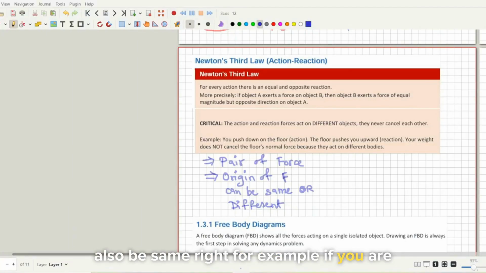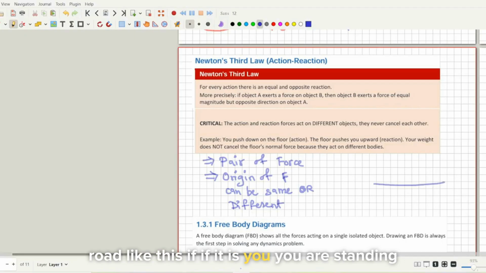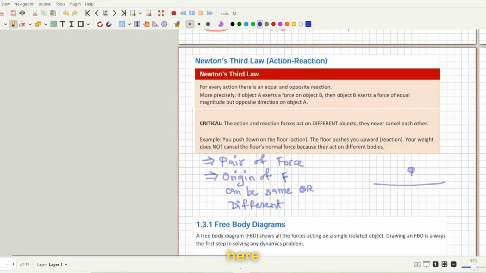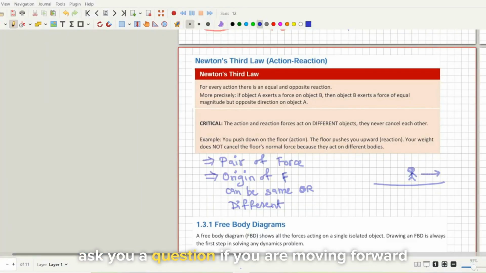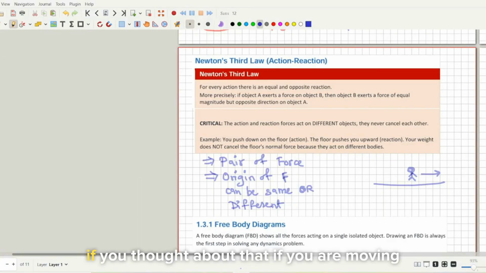For example, if you are walking on the road, standing here and moving forward. First of all, let me ask you a question. If you are moving forward, is it an action or a reaction? Think about it. If you thought moving forward is an action, then that is wrong.